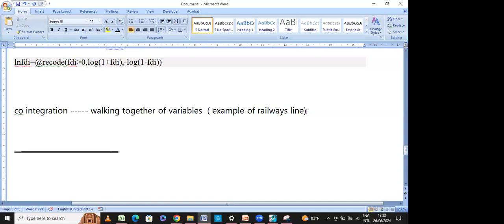For example, somebody just asked me a question, sir, why you are not showing with the trend and intercept? You can definitely show with trend and intercept. You can definitely show with lag. You can definitely show with the diagram of lag. You can definitely show multiple results, multiple estimations. It totally depends on the motive of your paper.